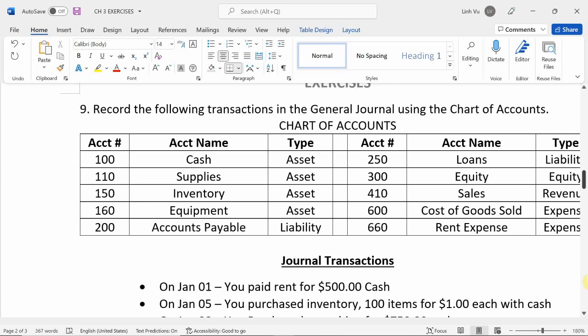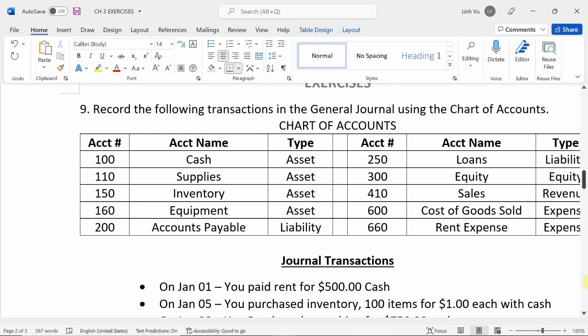410, which is sales. In this case, did I sell something or am I buying something? Buying. We're buying, so that has nothing to do with sales. 110, which is supplies. Am I buying supplies?